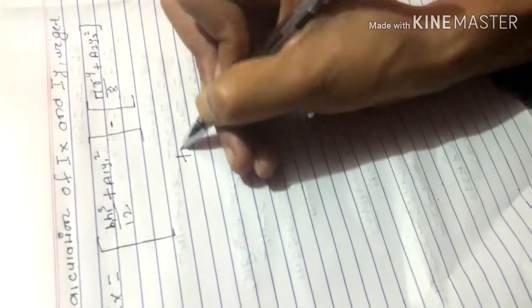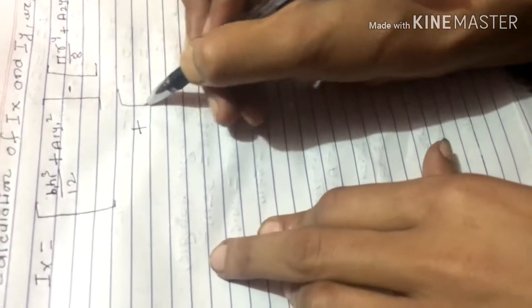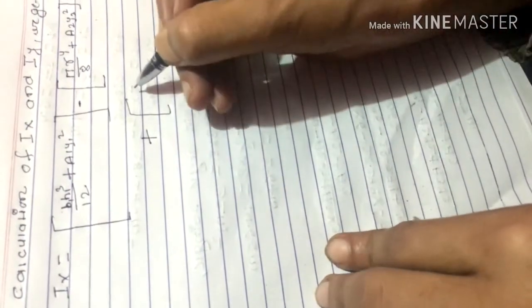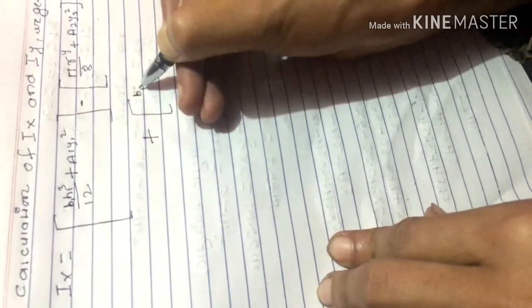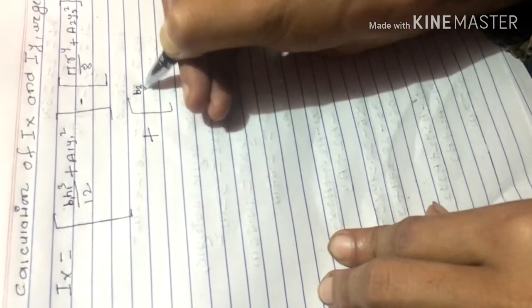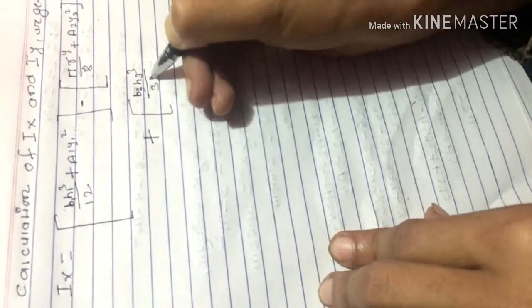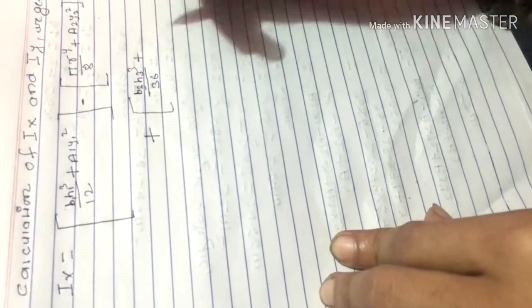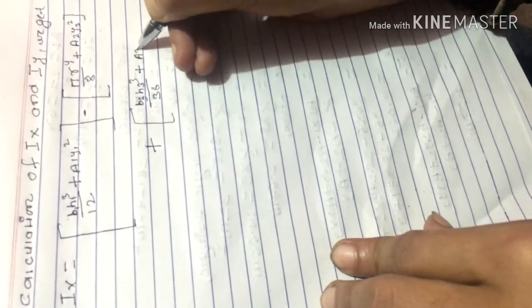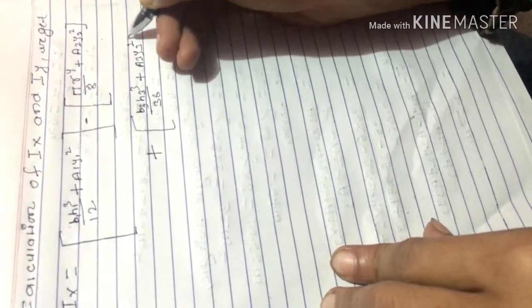Next is the right angle triangle, and the moment of inertia of a right angle triangle about x-axis is given by b3 h3 cube by 36 plus A3 y3 square.